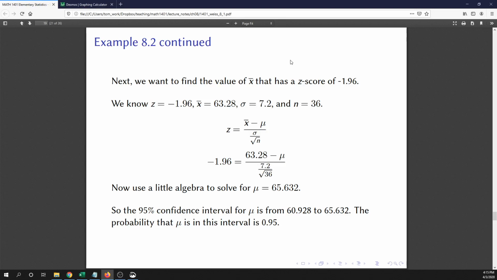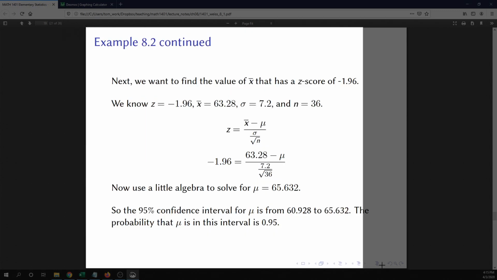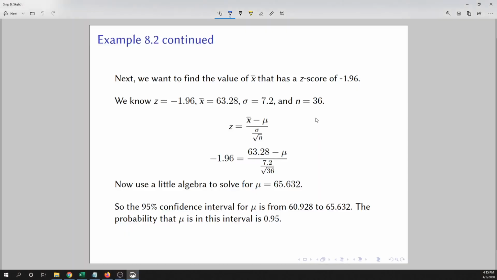Then we can run through those steps again. Multiply both sides by minus 1.96 times 7.2 divided by the square root of 36.